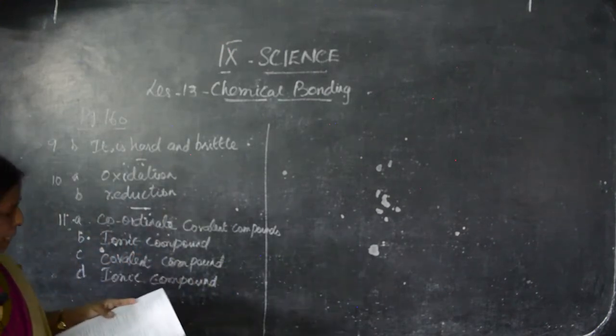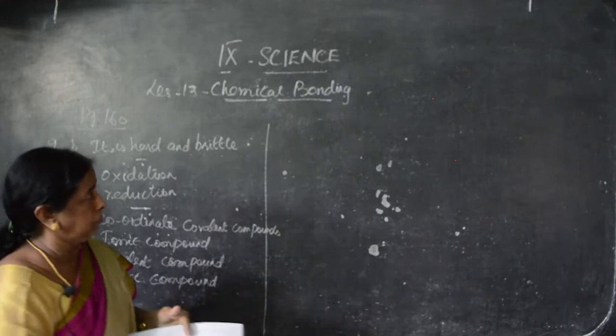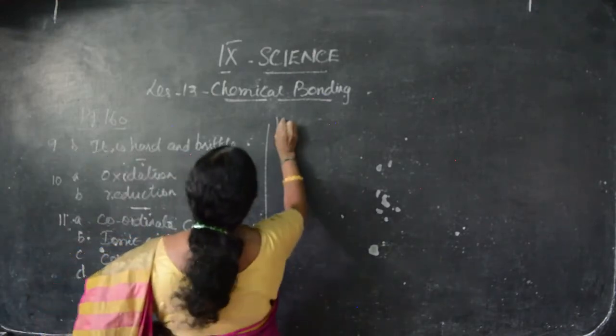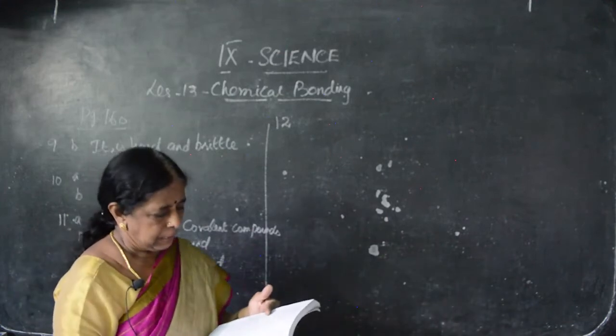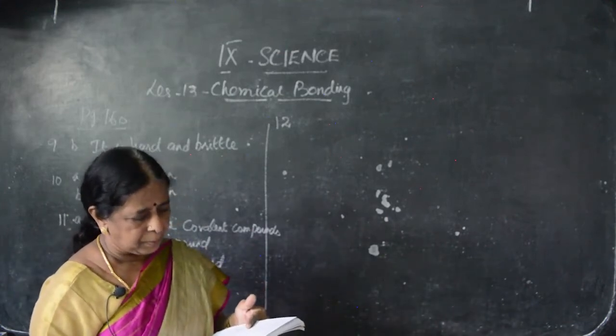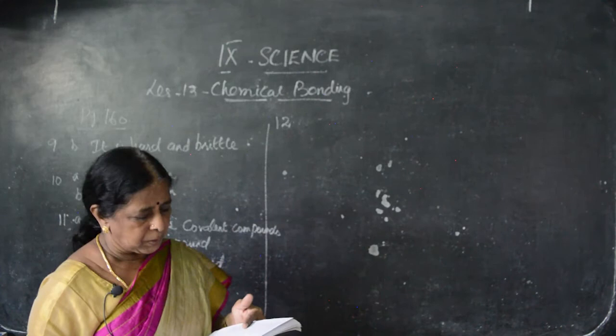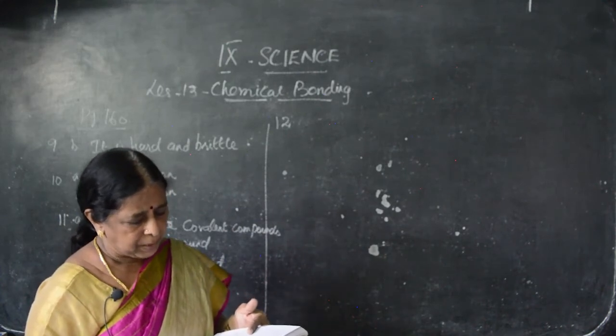Overall, 11th answer. 12th one. An atom X with atomic number 20 combines with atom Y with atomic number 8.